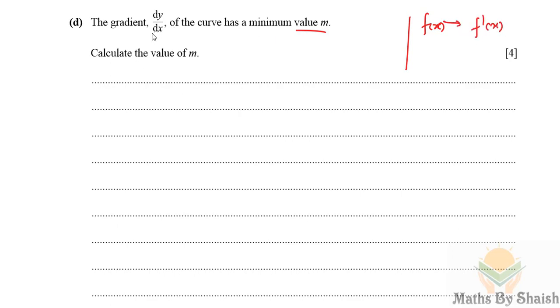Here we have dy over dx as one function, so if we want to find its minimum value, then we have to differentiate this.